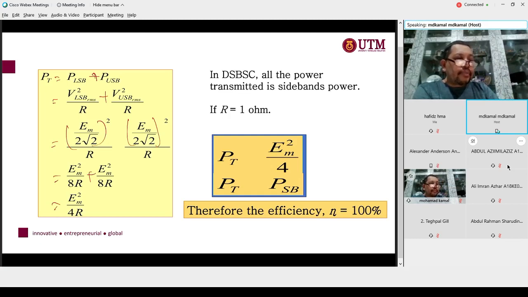Normalized to 1 ohm, total power is E_m squared over 4, equal to the power in the sidebands. So we say the efficiency is 100%, because all the power is being used and all the information is in that power itself.